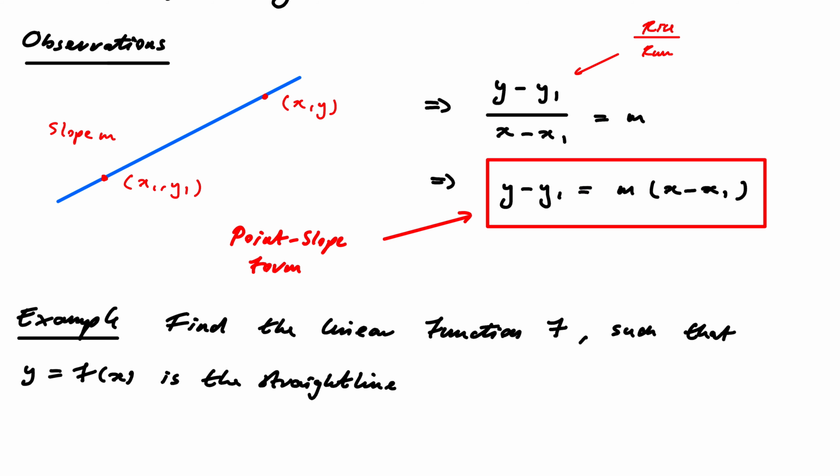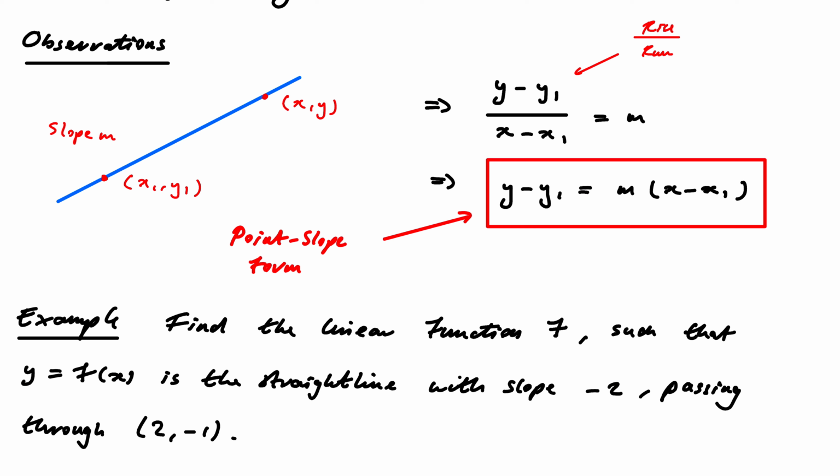Is the straight line with slope -2 passing through, well, let's choose the point 2, -1. So let's just label my terms here. This is equal to m, this would be equal to x1, and this would be equal to y1 if I'm using the above notation.